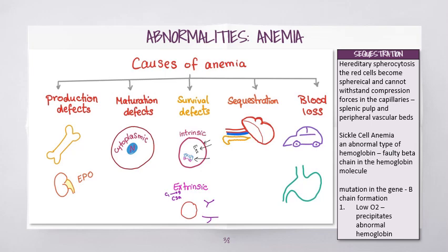One good example here that I've mentioned in survival defect is hereditary spherocytosis. In hereditary spherocytosis, the cell membrane becomes very spherical. So it no longer has the perfect biconcave shape. So what is the importance? I've been mentioning earlier the importance of the biconcavity of the red cell, because without it, it cannot withstand the compression forces in the capillaries.